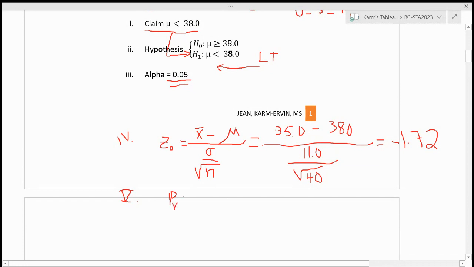I don't know if you remember how we found the p-value last class using the chart. We noticed that we are having a left tail. So which formula can we use to find the p-value based on the chart that I gave you last class?